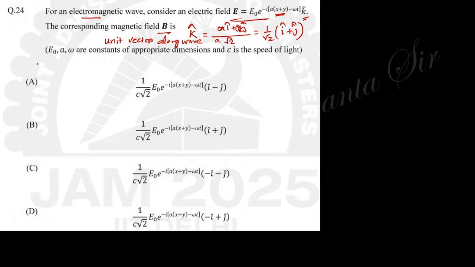So B, the magnetic field, is 1 by c, k cross E. Here k is not the unit vector along the z axis; this is the wave vector.